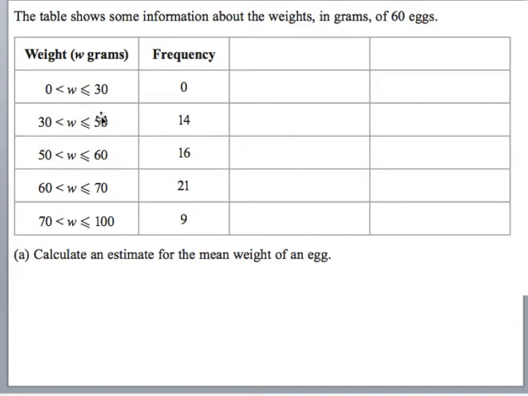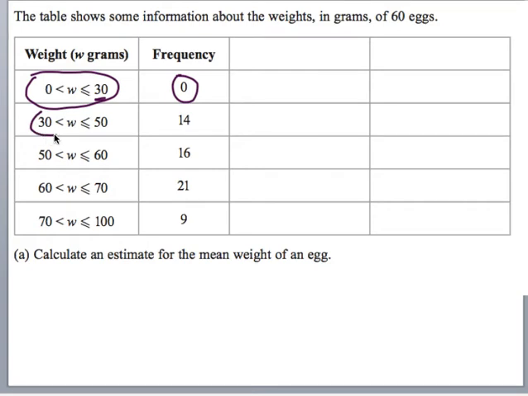This class interval is telling us that there are no eggs, so the frequency is zero, with a weight of greater than 0 and less than or equal to 30 grams. So it's an interval, grouping a set of data together.